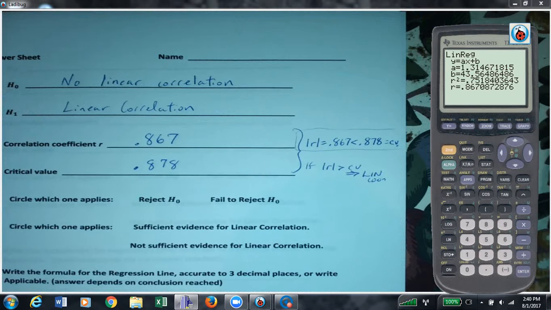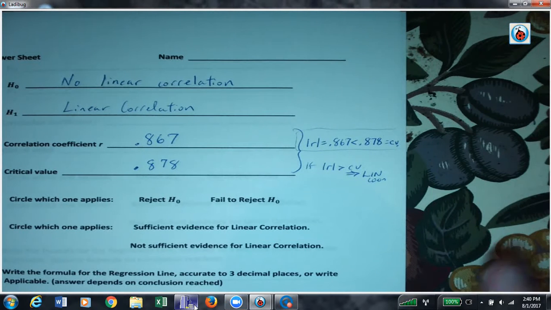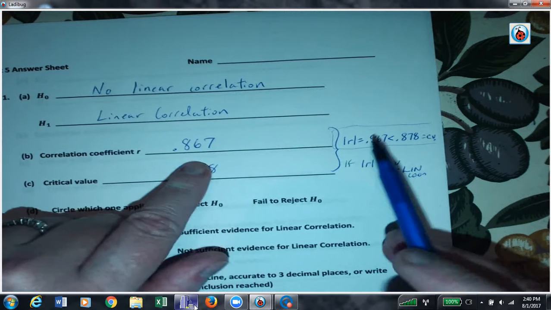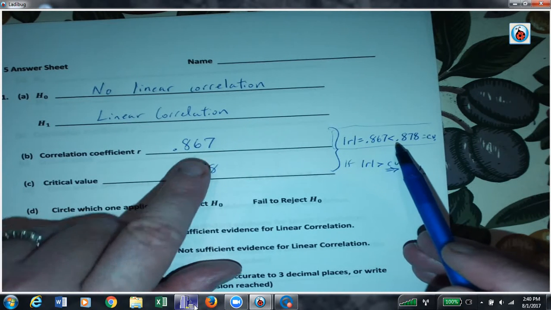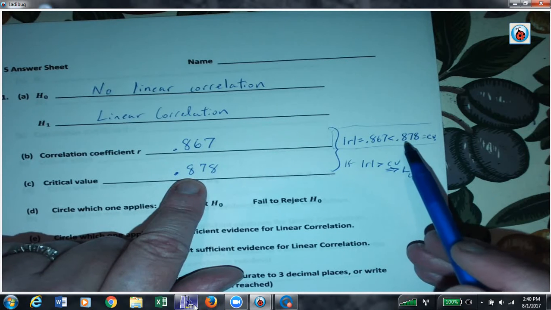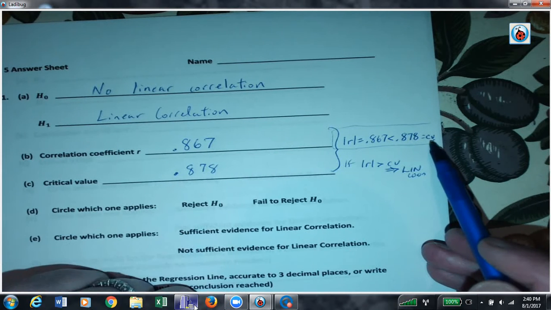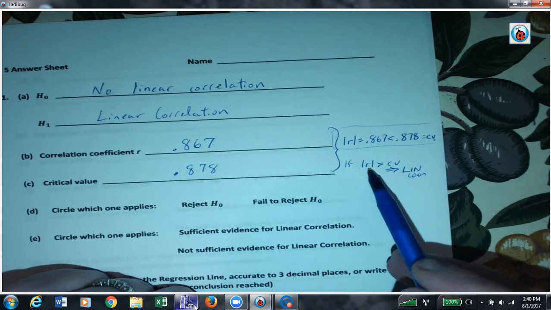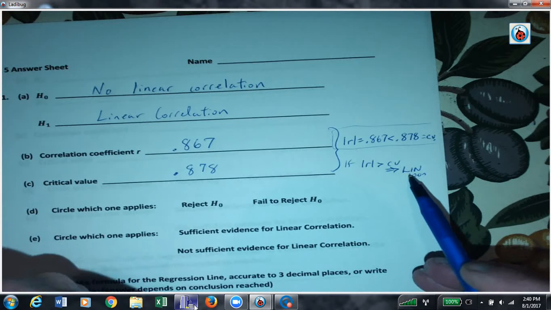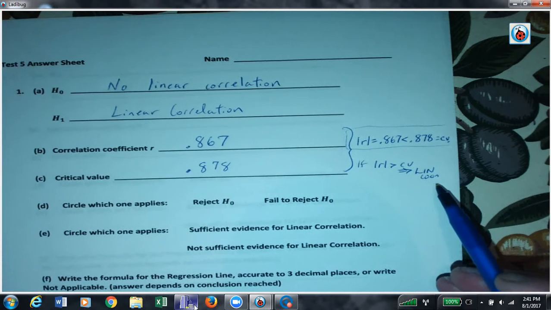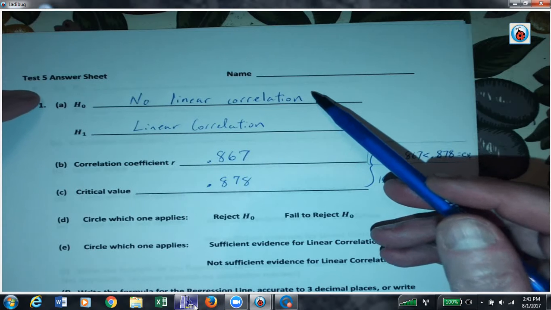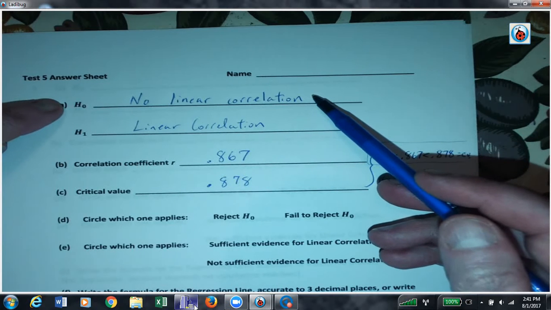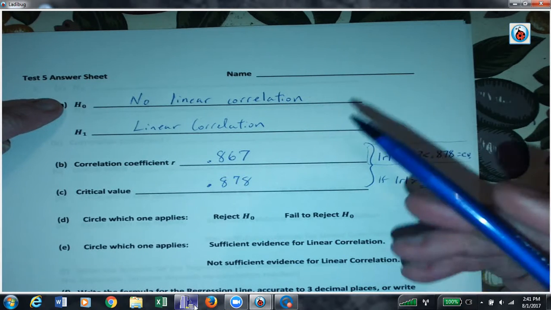All right, sorry. Let me get the calculator off. So the absolute value of R was smaller than 0.878, which was the critical value. So it's only if the absolute value of R is greater than the critical value that you can conclude that there is a linear correlation. That was not the case here. And so we certainly are not going to reject the null hypothesis.